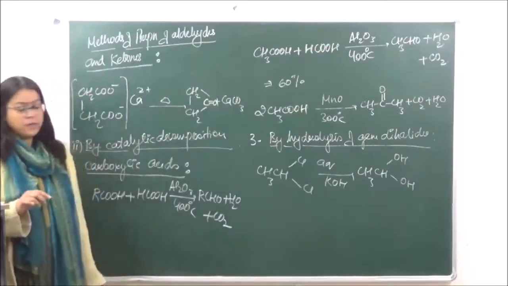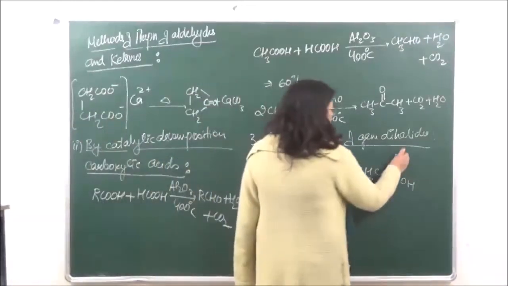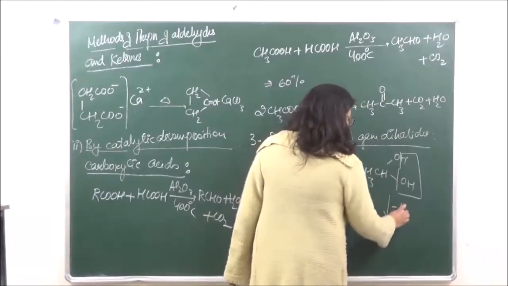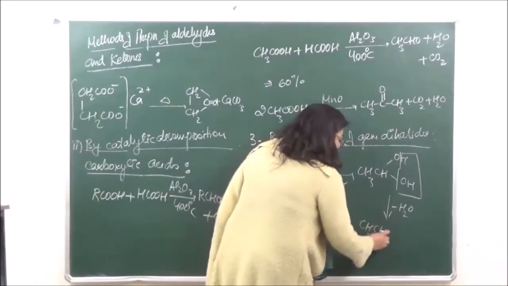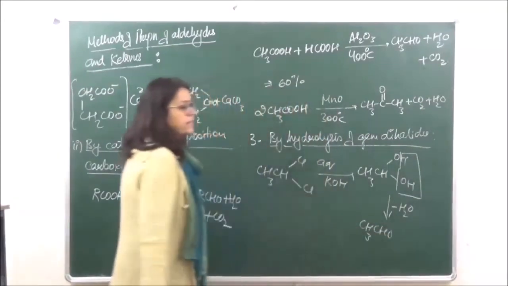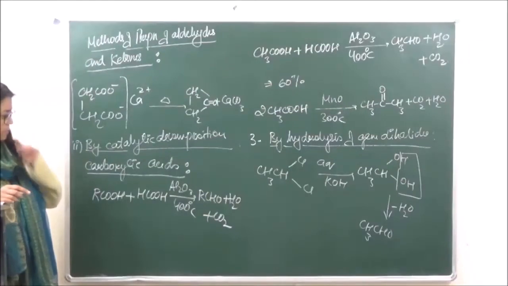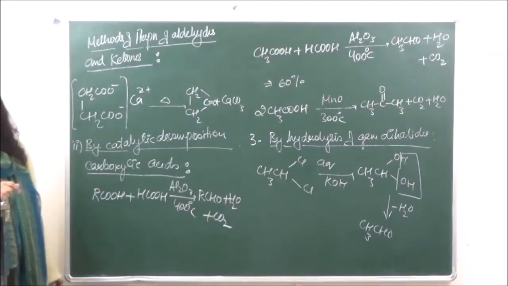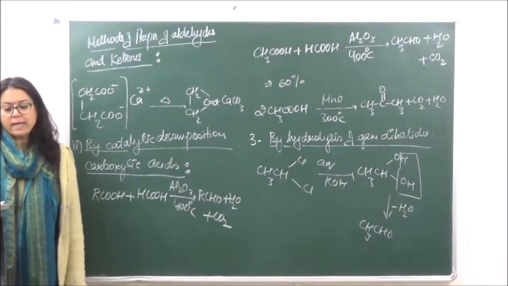Now this is going to be very, very unstable. So immediately as it is formed, it is going to lose a water molecule, minus H2O, to give us the aldehyde, CH3CHO. Is it clear? So this is how you can form aldehydes from gem dihalides.